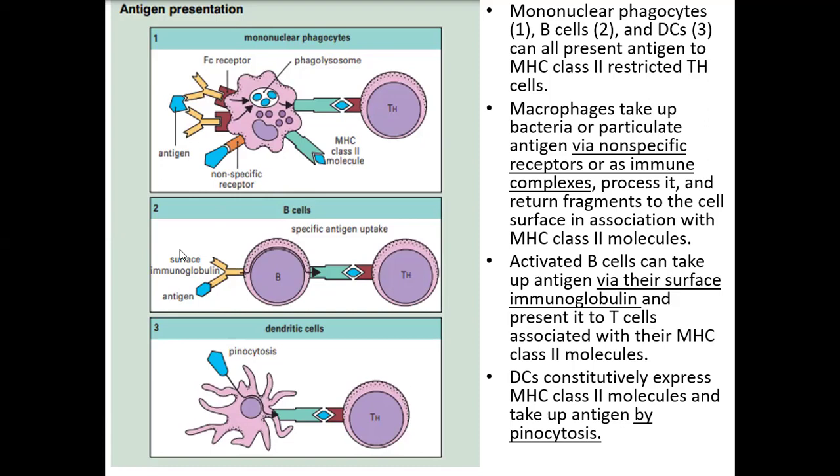But B cells are not able to engulf something. They are not able to work as a phagocytic cell. So they do not eat a pathogen, but they can catch a pathogen by their BCR receptor.